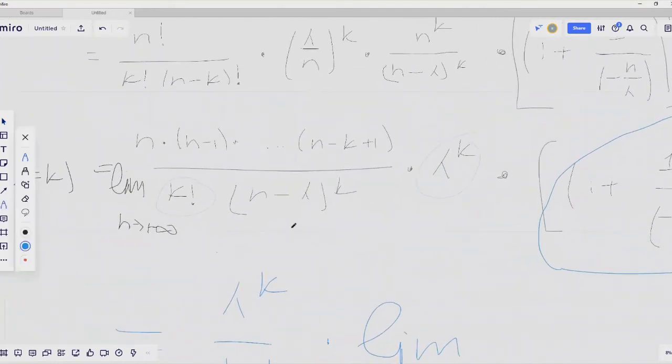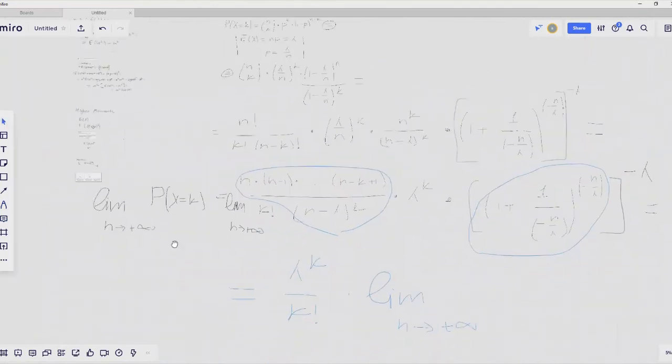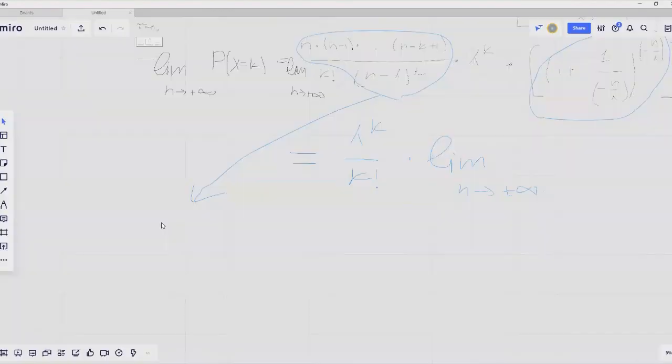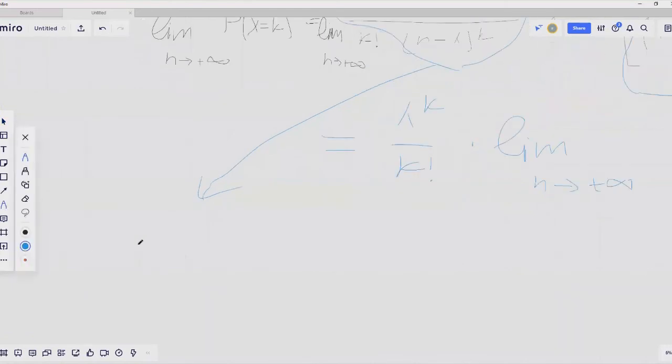Next, let's pay attention to this fraction over here. This fraction can be expanded as follows. We have k terms in the numerator, n minus 1 multiplied up to n minus k plus 1, over n minus lambda, so k terms in the denominator too.